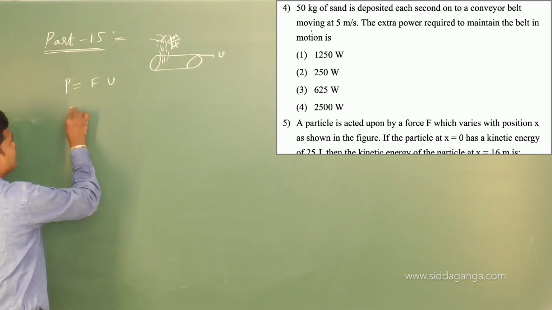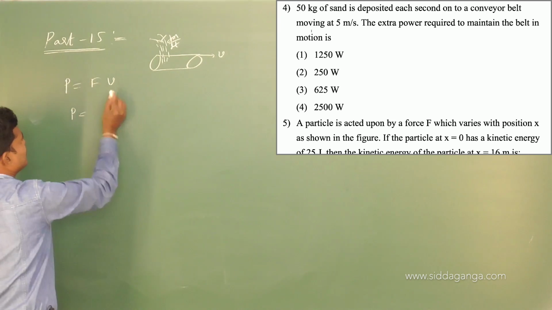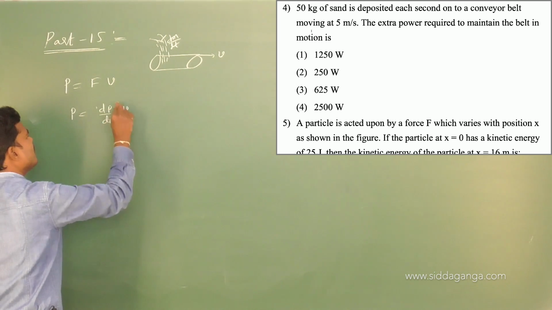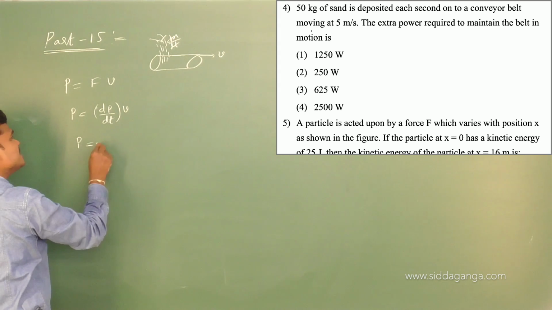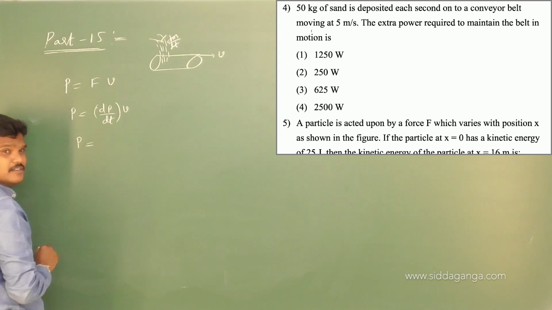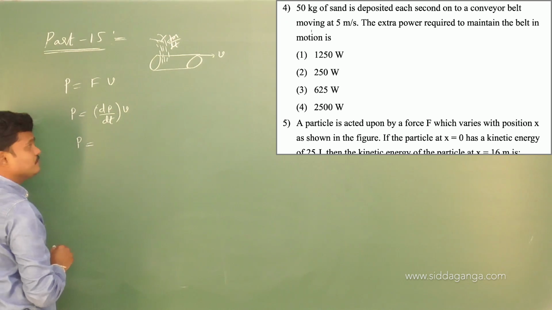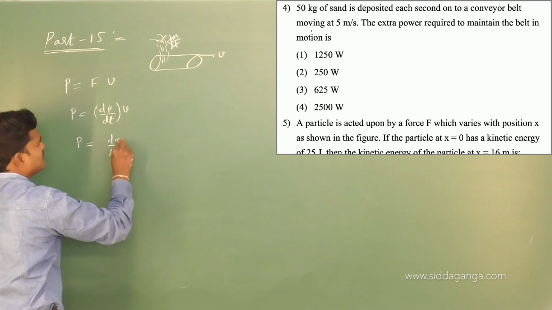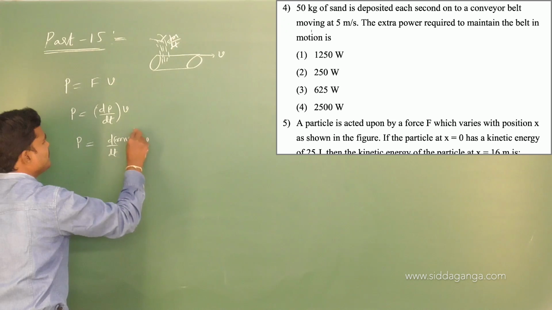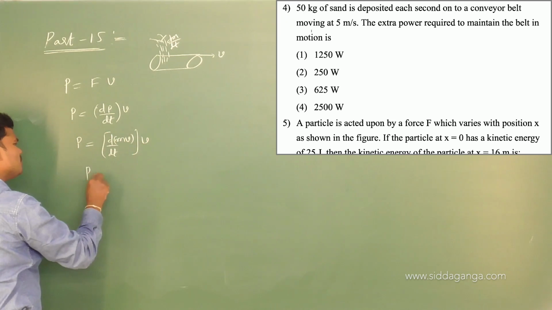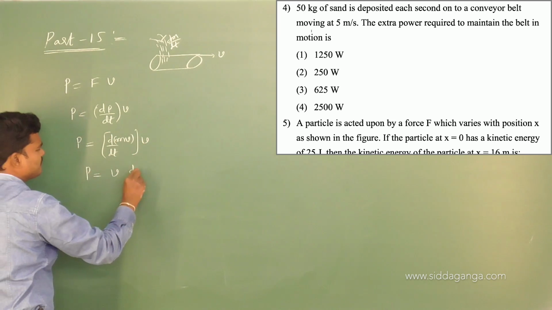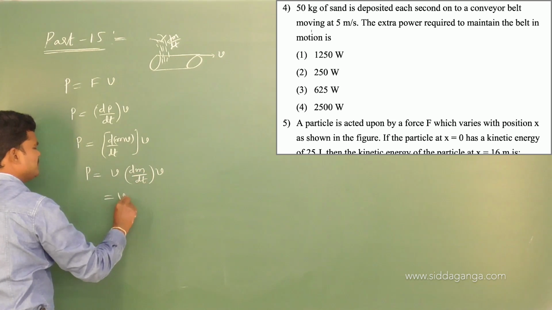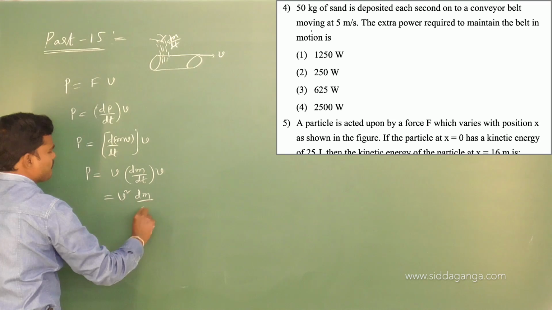Here we can write F as dp by dt, and since the belt is moving with constant speed, p is nothing but mv, momentum. So d by dt of mv into v, v dm by dt into v, so v squared dm by dt.